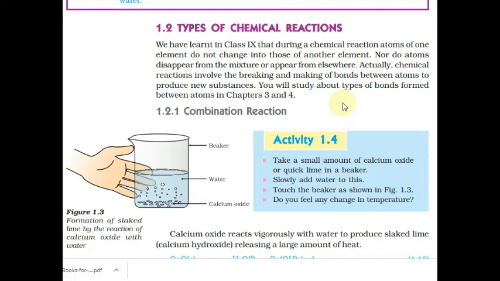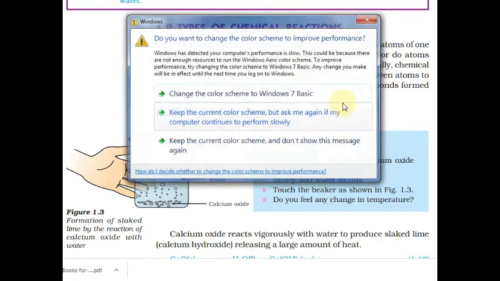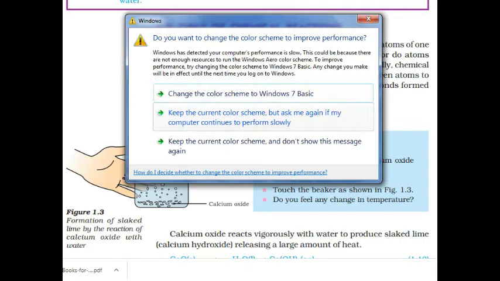We have learned in class 9 that during a chemical reaction, atoms of one element do not change into those of another element, nor do atoms disappear from the mixture or appear from elsewhere.